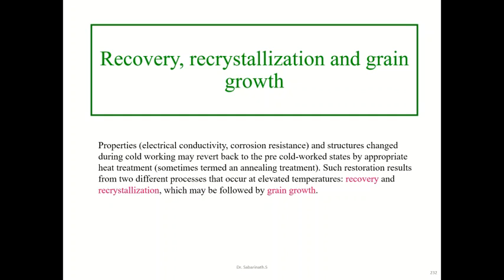That is, when a deformed material is heated, the properties get restored to their earlier state. So these are the three stages, and now let us look at them one by one.